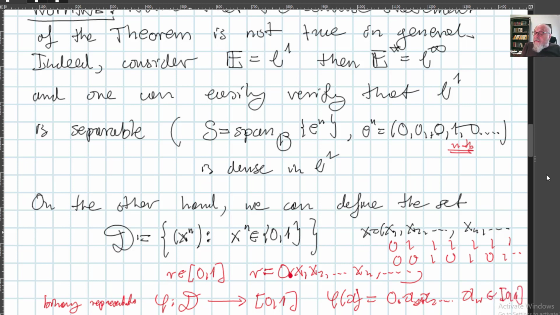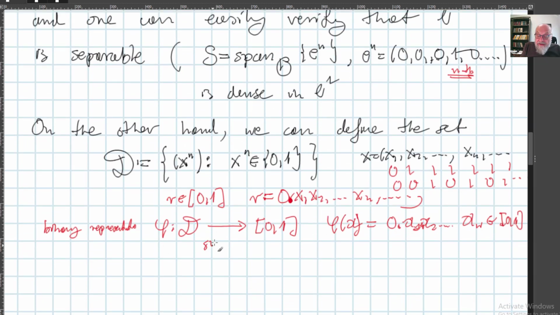Since this map is surjective, we can conclude that the cardinality of D is strictly larger than Aleph 0. That means D is not countable.